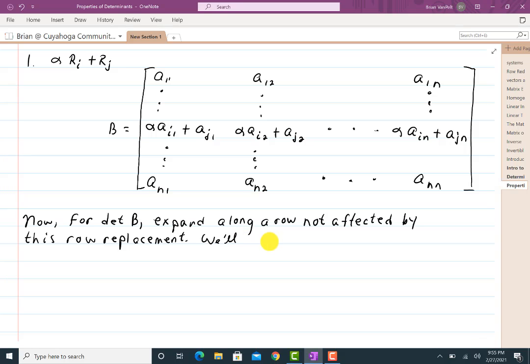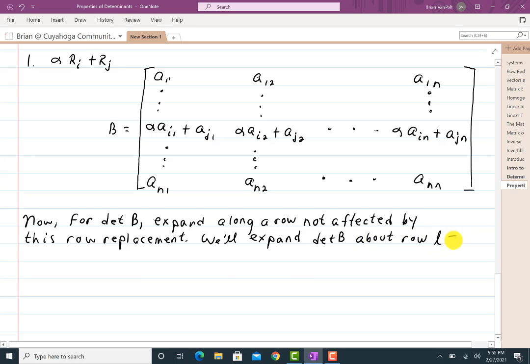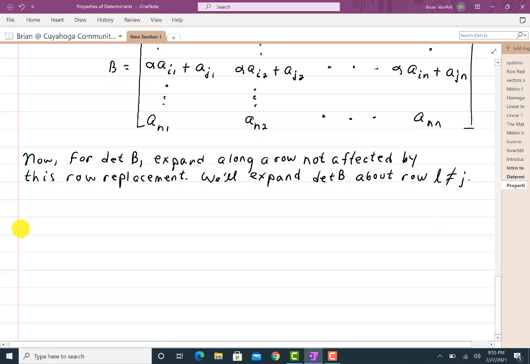So we'll expand determinant B about row L, and row L will not equal J. I don't know that I need to bother with it being involved with row I, because row I is really unaffected. So I probably can, L can be row I. I'm sure I'm not going to run into a problem.